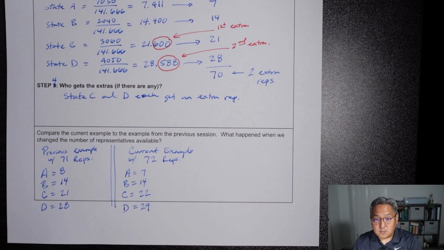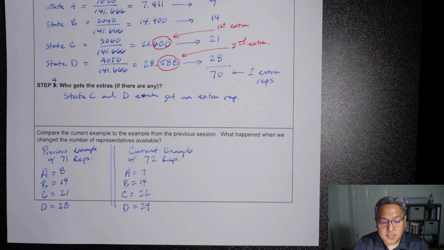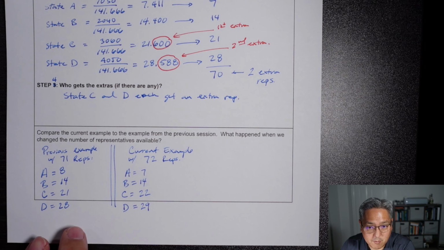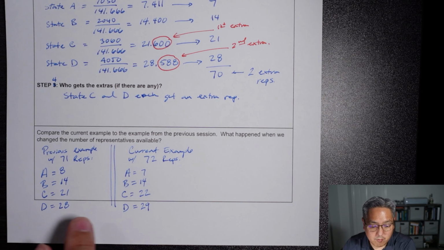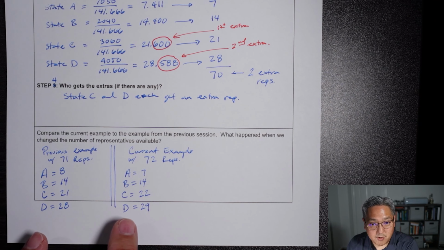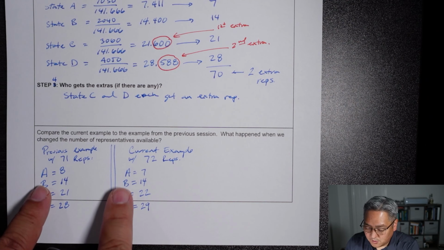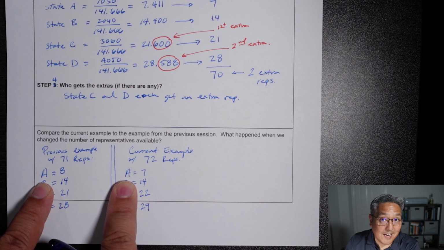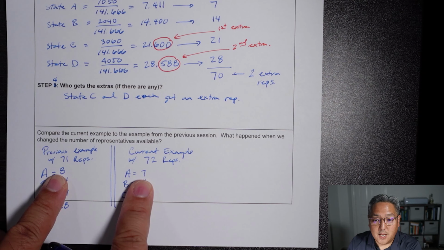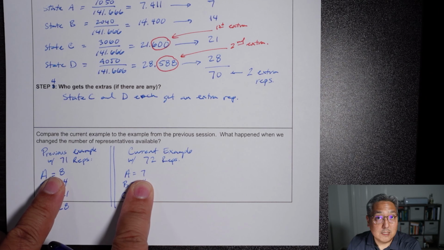What happened here is that we increased the number of reps from 71 up to 72. Look at the experience of each state. If you're state A, how did you feel? We added a representative, but state A went from 8 reps down to 7.